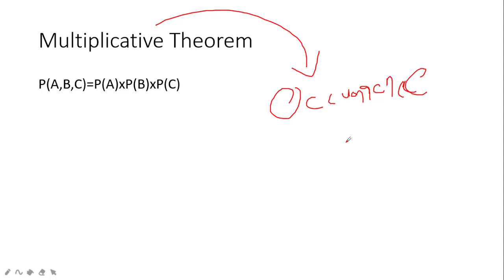The first one I take as A, so A equals 20.